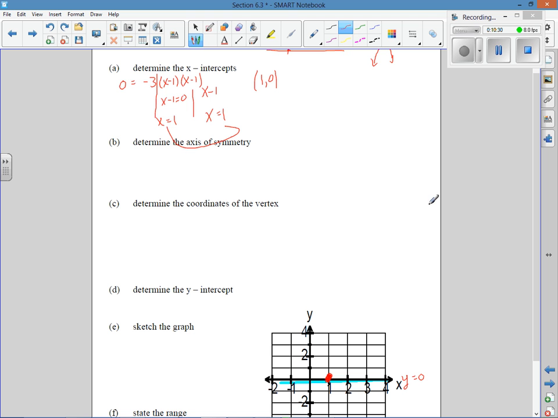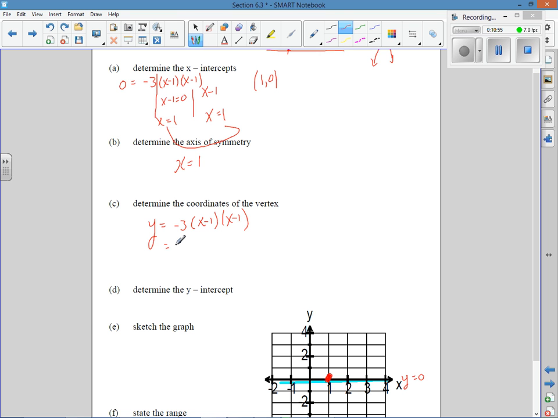Next, the axis of symmetry. Well, there's only one point there, so the axis of symmetry is going to be at that point. Coordinates of the vertex. If you took this x value and put it back into the equation, you have negative 3 times x minus 1 times x minus 1.